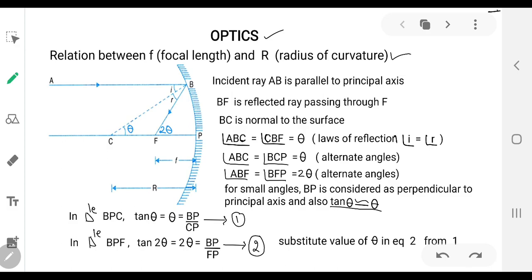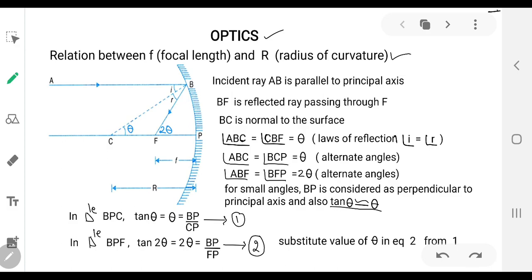Consider a ray of light AB parallel to the principal axis. B is the point of incidence on the mirror. Now from the definition of principal focus, any parallel ray incident on a mirror after reflection passes through the principal focus.